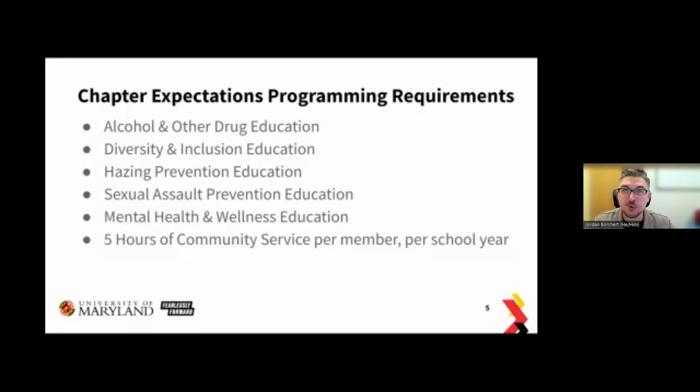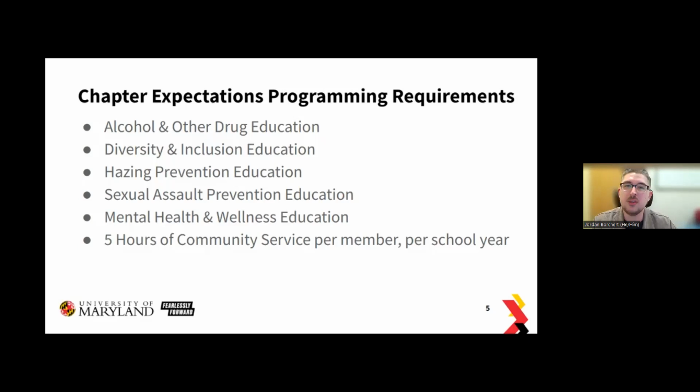These chapter expectations programs are actually something that they can complete within the academic year, and they only have to do one program or multiple programs to reach our attendance requirement of 90% of each chapter. So no matter if your chapter is 140 members or just 12 members, 90% of that membership will make sure that they have some understanding and knowledge around these 5 areas, as well as doing 5 community service hours within an academic year.